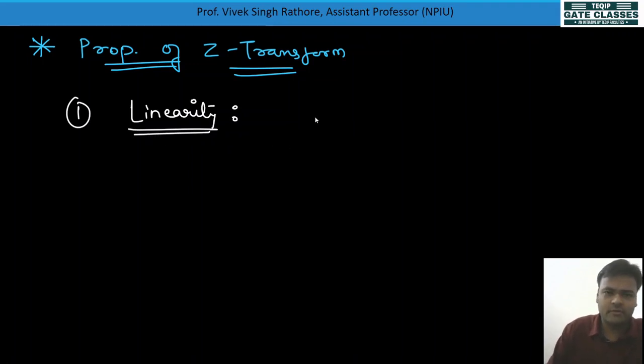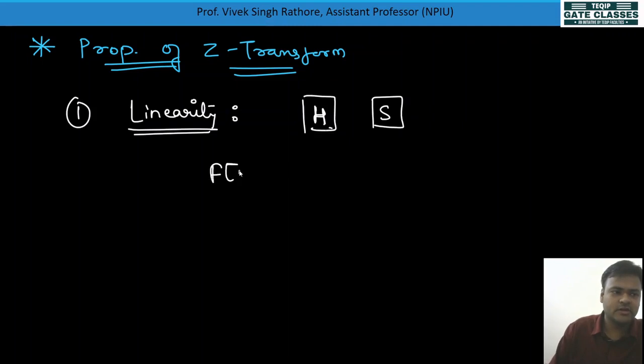For the linearity property, you know that two principles should be followed: the principle of homogeneity and the principle of superposition. These two conditions should be satisfied for linearity. Let's suppose f1 of n is a signal, so we'll get f1 of z.